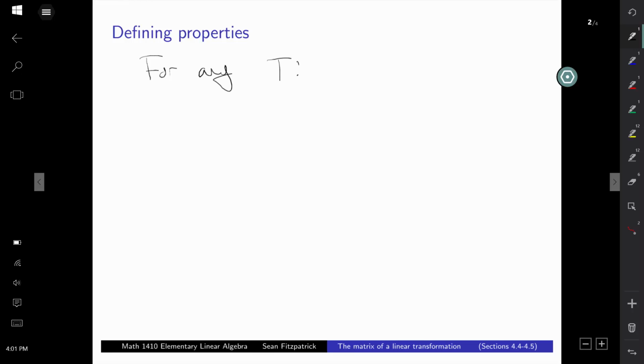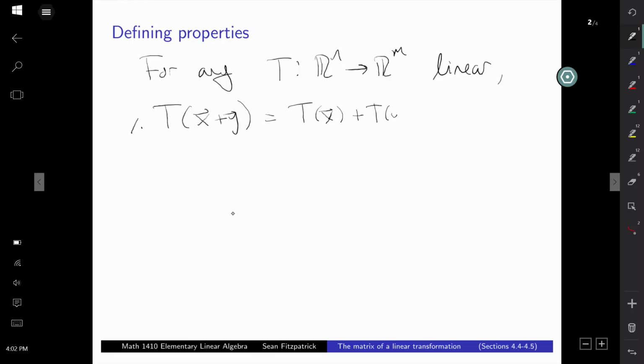for any linear transformation T going from Rn to Rm, the two rules that it has to follow are, 1, that T of x plus y has to equal T of x plus T of y. So this is true for any x, y in Rn.